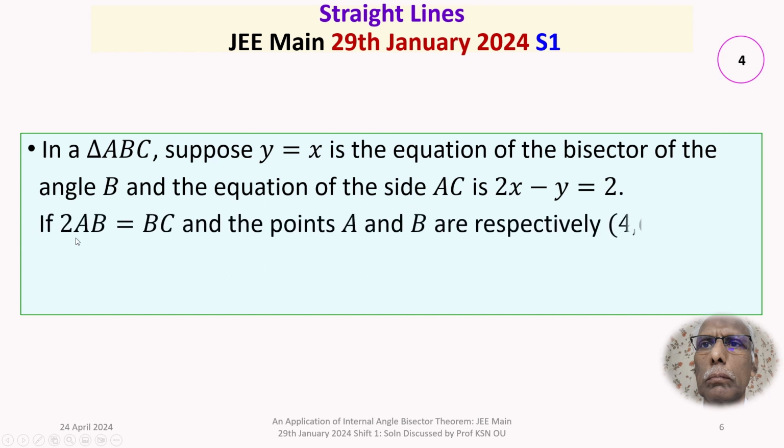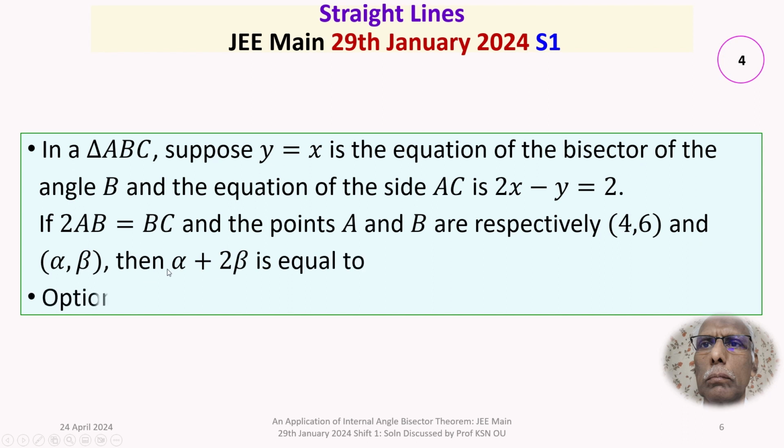If 2 times AB equals BC, and the points A and B are respectively the ordered pairs (4, 6) and (alpha, beta), then alpha plus 2 beta is equal to, and we are given 4 options.